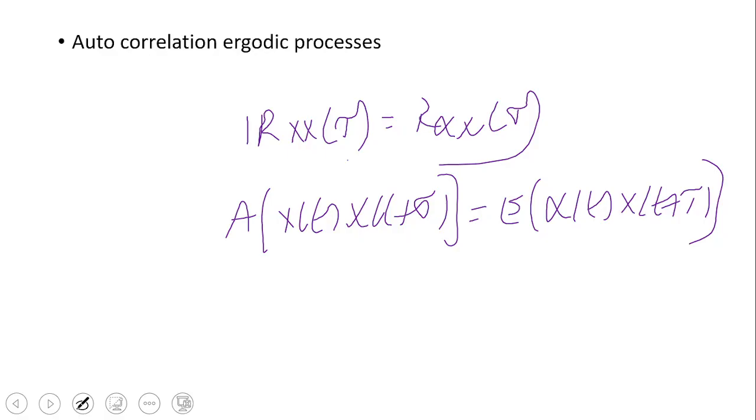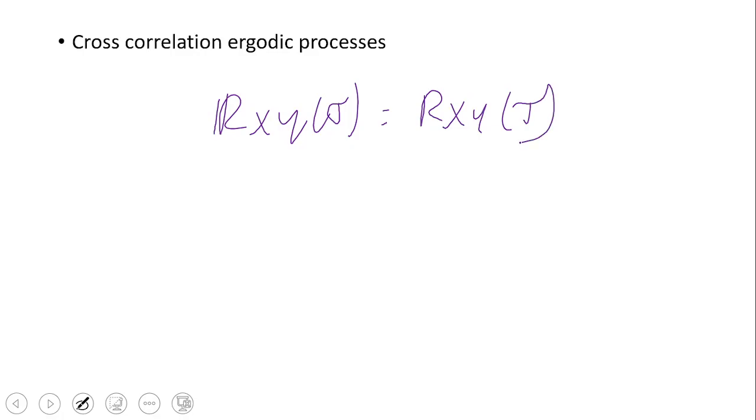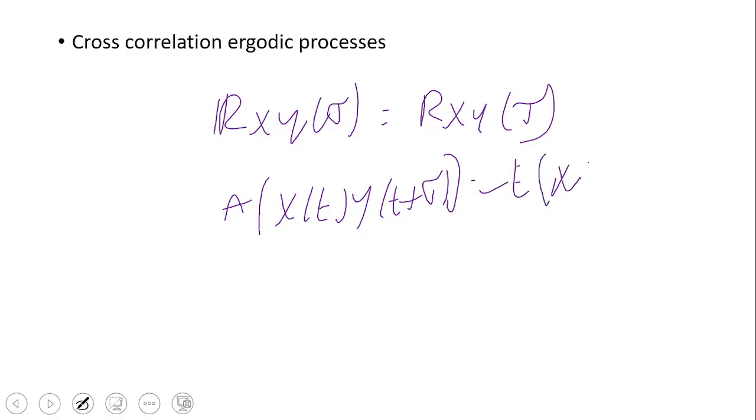Then cross correlation means R xy of tau time is equal to R xy of tau, that is the time cross correlation function is equal to the cross correlation function, that is A of x of t y of t plus tau is equal to the E of x of t y of t plus tau.